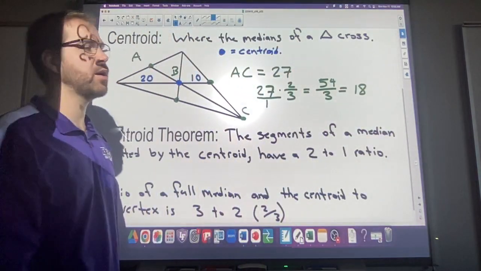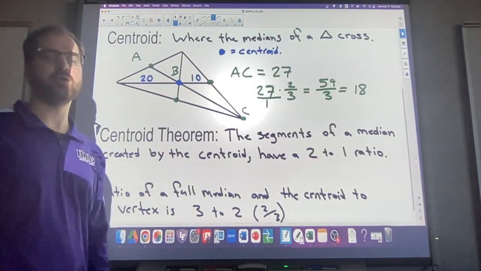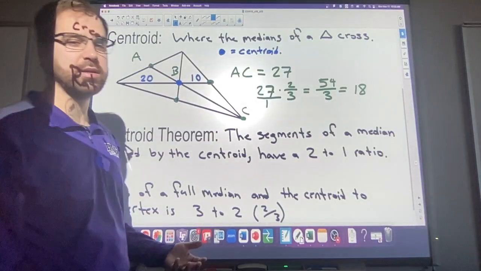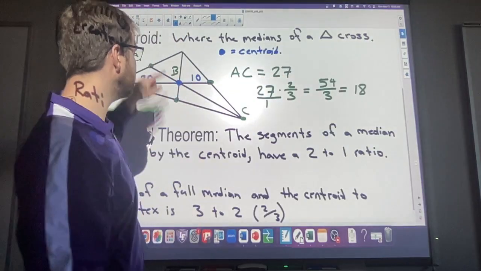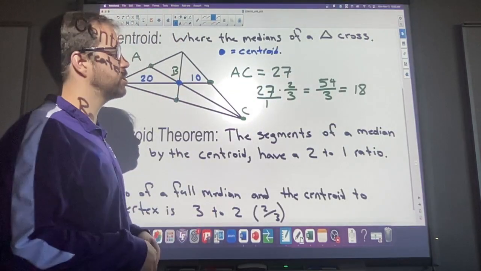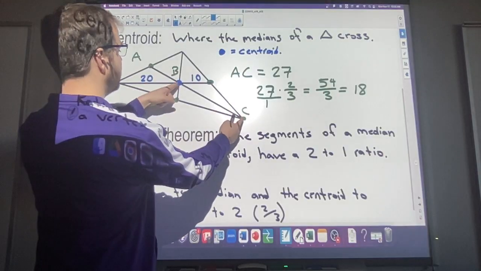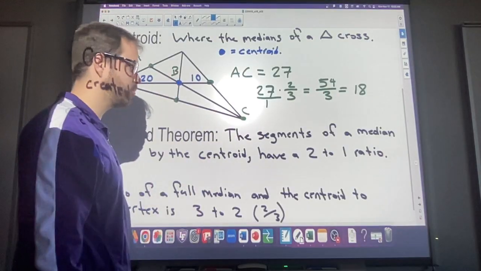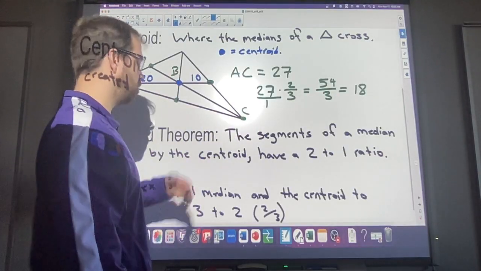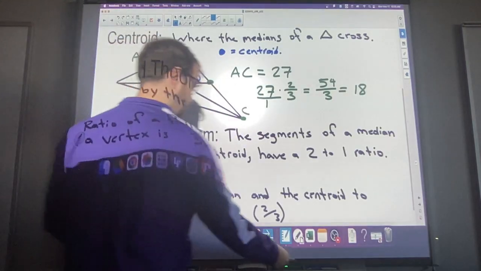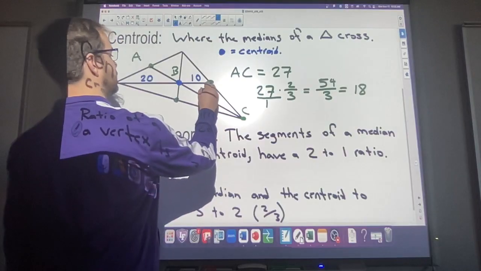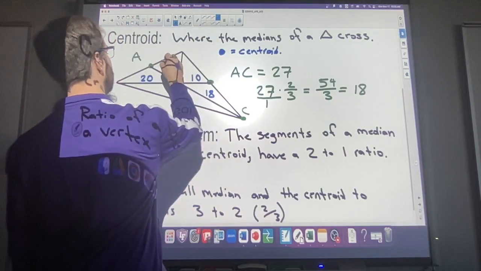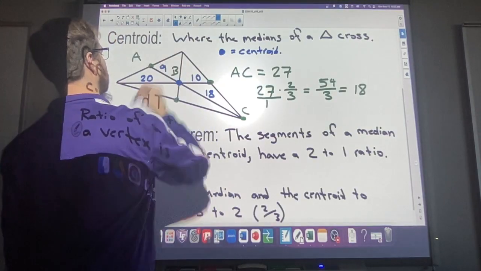Now, here's where I tell you you don't have to do it this way, because if I know that this is double this, I could sort of guess and check and figure out, all right, this has to be 18 and this has to be 9, okay? So if AC equals 27, then we can say, all right, this is 18, and this is 9.